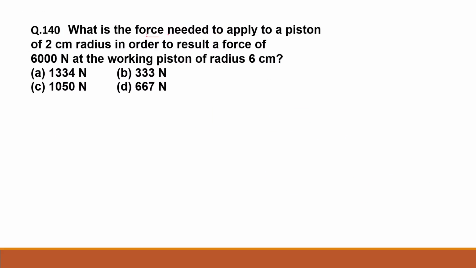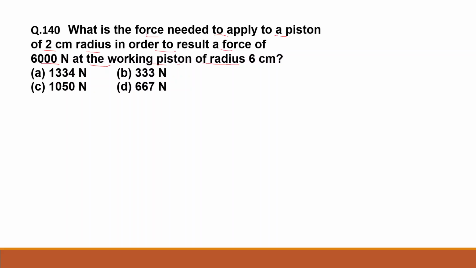What is the force needed to apply to a piston of 2 centimeter radius in order to result in a force of 6000 Newton at the working piston of radius 6 centimeter? Here the pressure will be the same, guys.